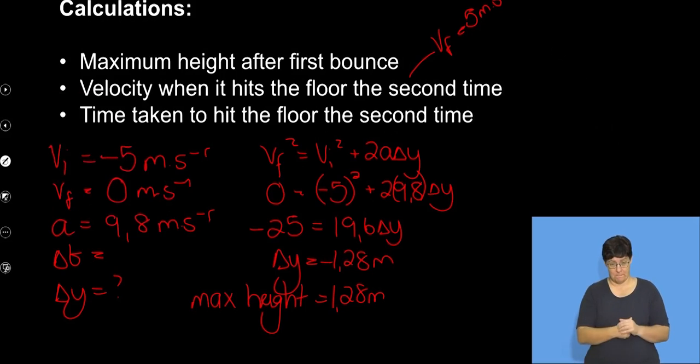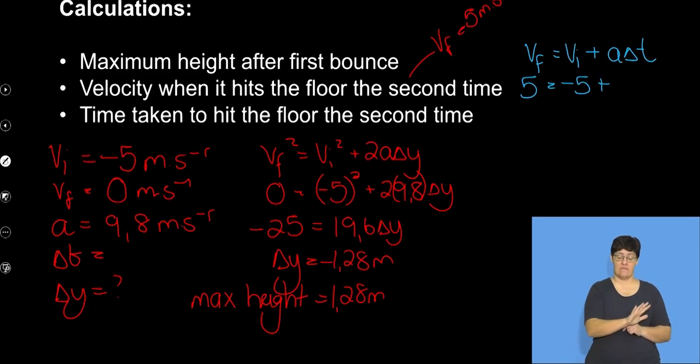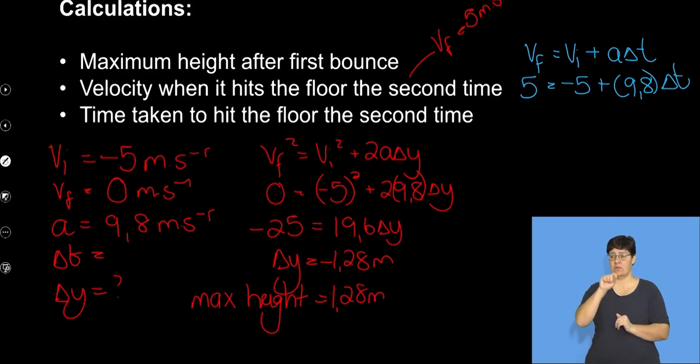Now we want the time taken to hit the floor for the second time. So we're just going to do it over here quickly, where we go Vf equals Vi plus a delta t. My Vf is 5. My Vi was minus 5. A is 9.8. This becomes 10.